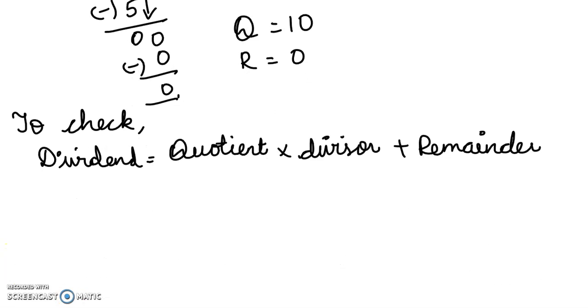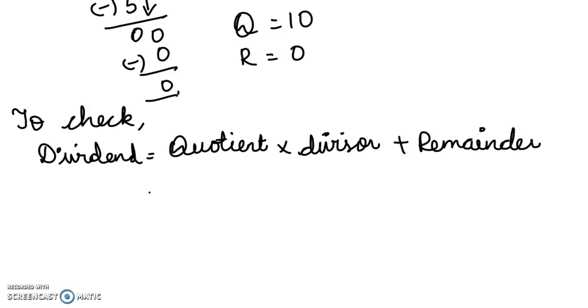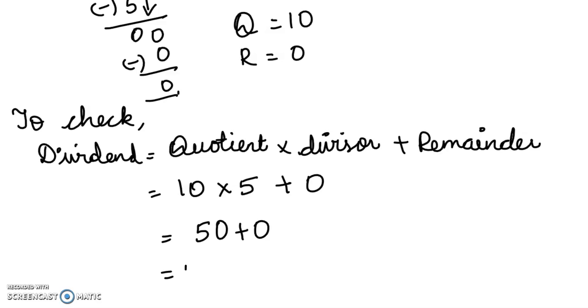So what is quotient? Quotient equal to 10, divisor equal to 5 plus remainder 0. So what is 10 fives are 50. 50 plus 0, 50. So what is dividend? Dividend also 50. So therefore, hence the answer is correct.